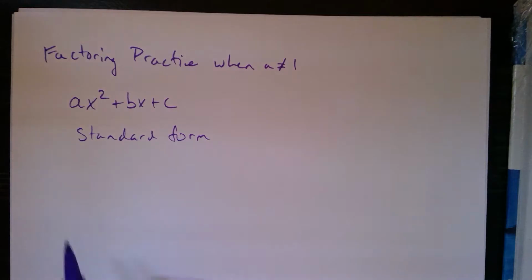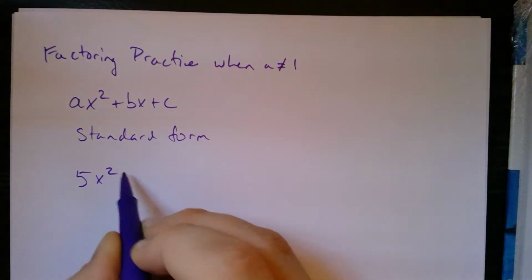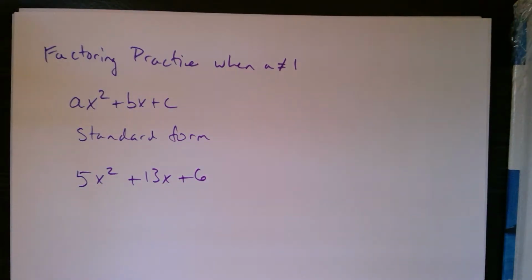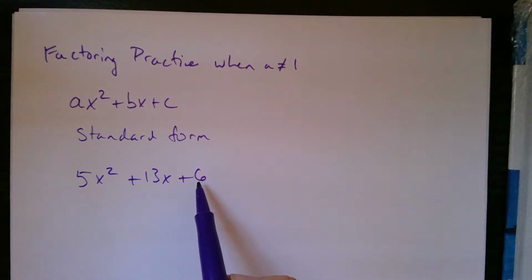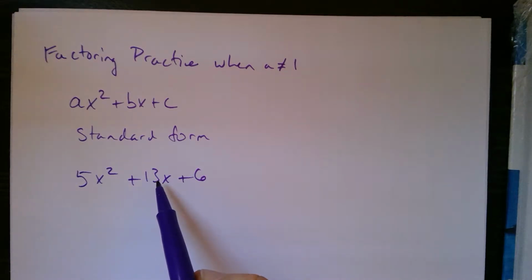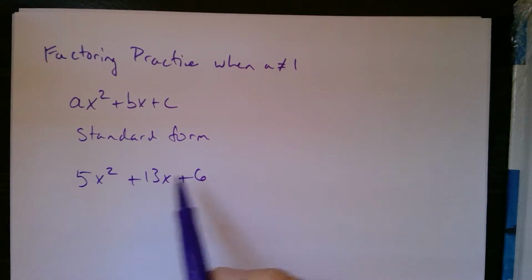All right, so our first example that we're going to do is 5x squared plus 13x plus 6. Now, we used to think, okay, what multiplies to make 6, what adds up to make 13. Now we have to think of 6 and 5.